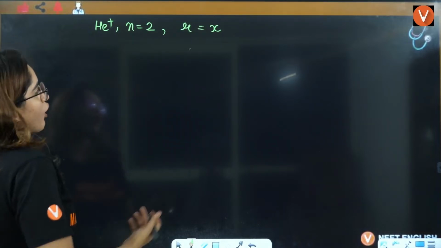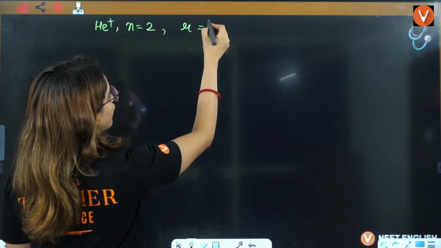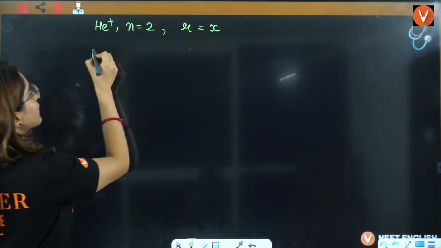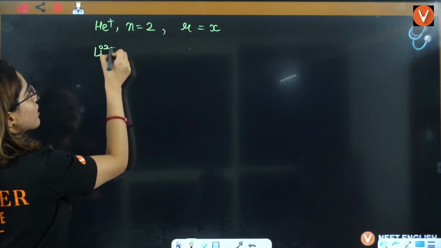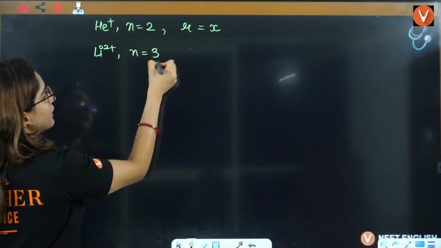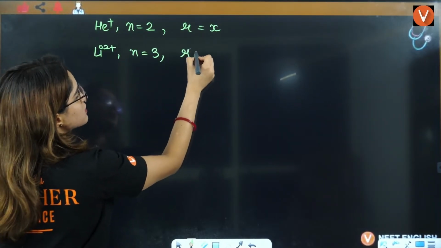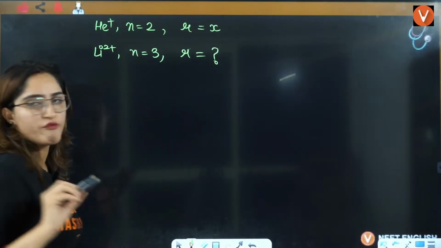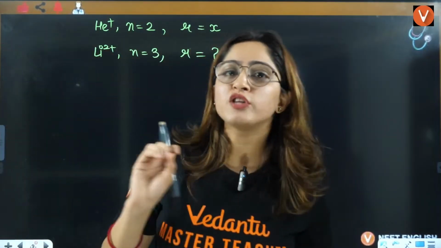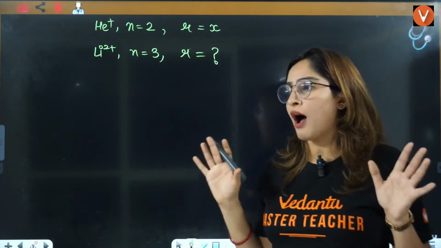You have lithium 2 positive where n is equal to 3. Now the radius will be what, in terms of x, right? Now they have asked you in terms of x, you have to answer.